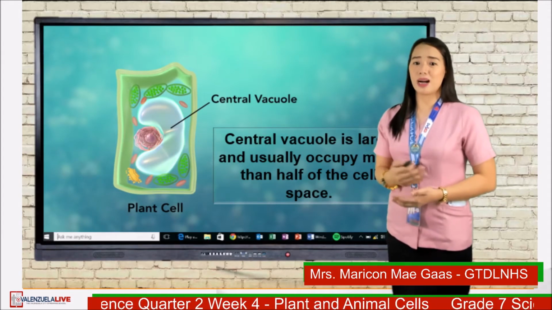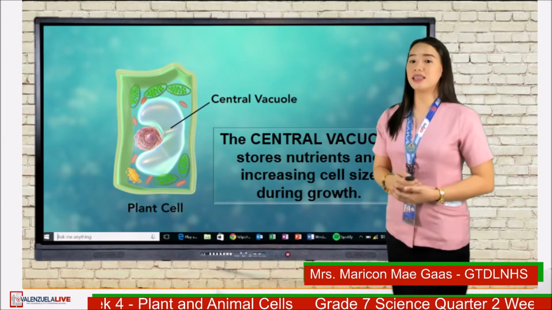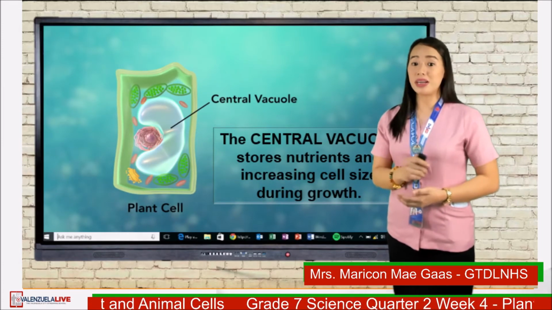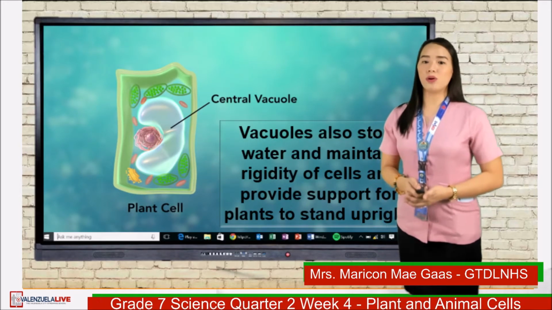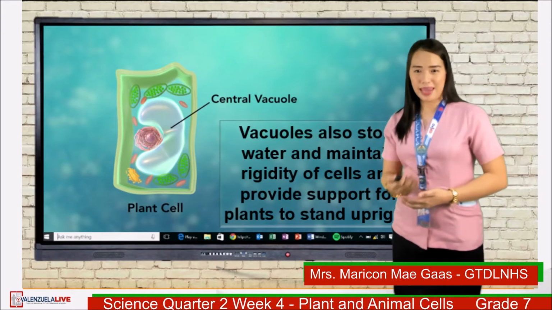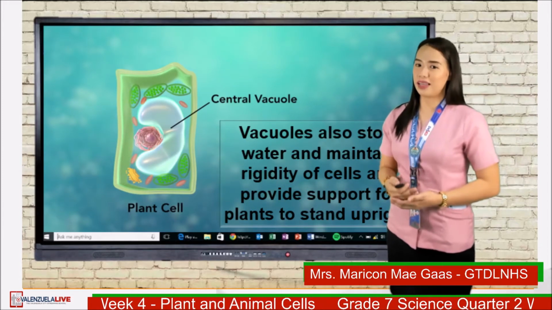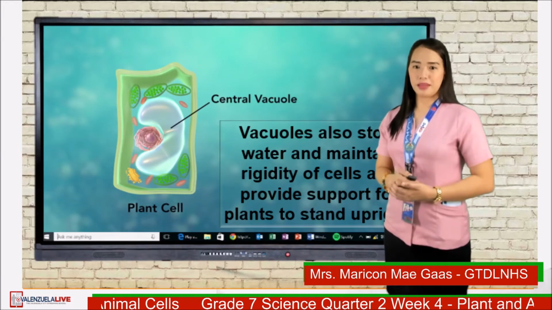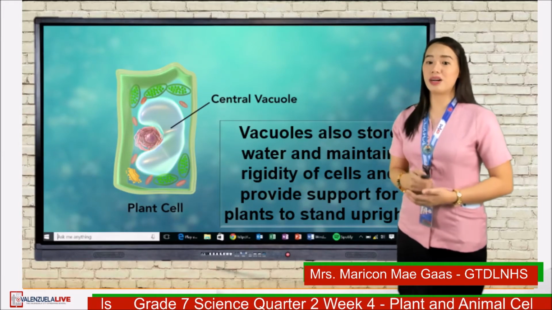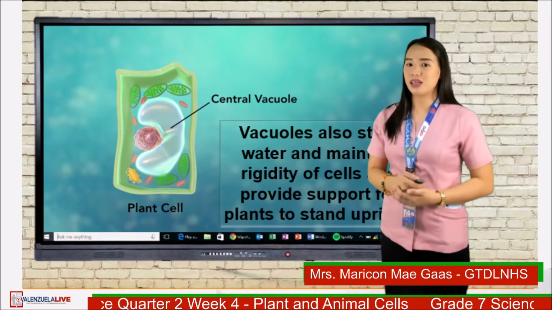They play a role in storing nutrients and increasing cell size during growth. Vacuoles also store water, thereby maintaining rigidity in cells and providing support for plants to stand upright. Plant cell vacuoles are responsible for the crisp appearance of fresh vegetables.